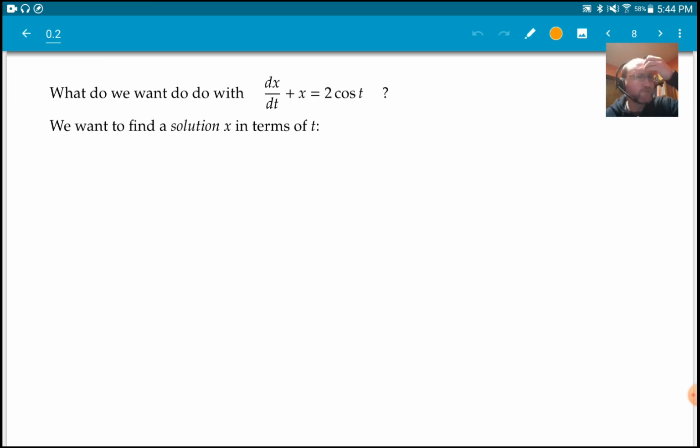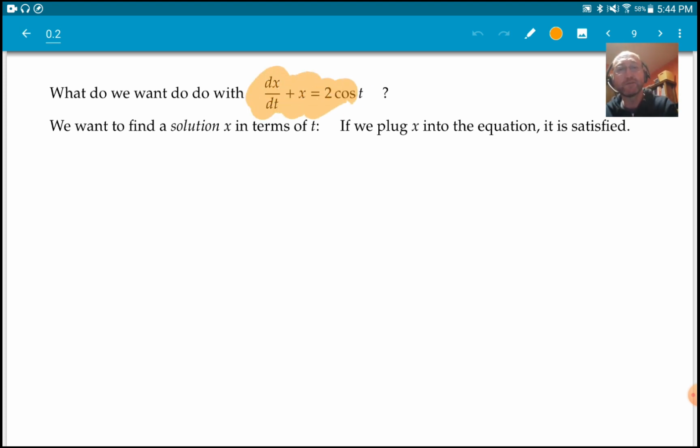Now, what does it mean for it to be a solution? It means that if we take this expression for x and plug it into this formula, the equation is satisfied. So if we figure out what x is, we take the derivative and plug in the derivative here, plug in x here, and if we get 2 cosine t, we're good.